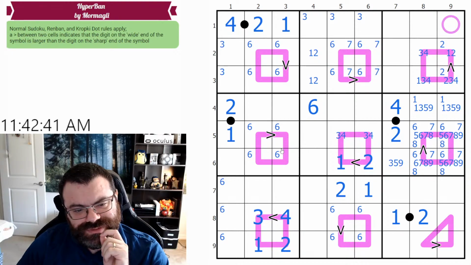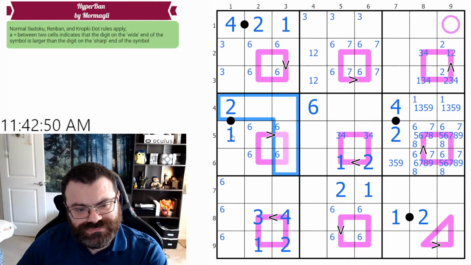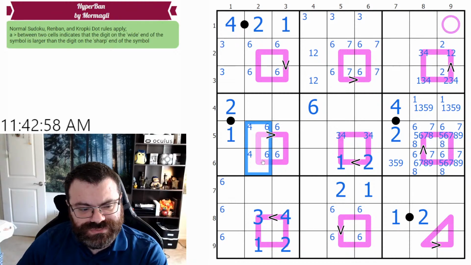Four in box 4. This 4 looks over. Can we not have a 4 on here? Oh, we must have a 4 on there. Yeah, these 4s look in. There's a 4 in one of these 2. Oh, and this 3-4 pair looks in, so the 4 is placed.